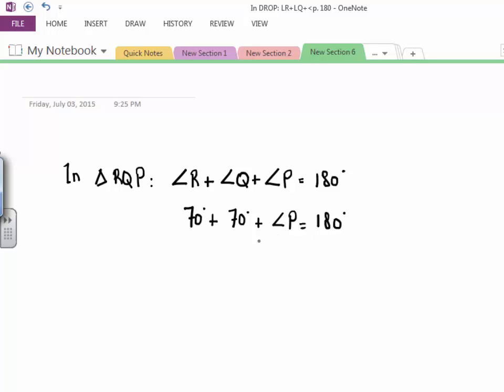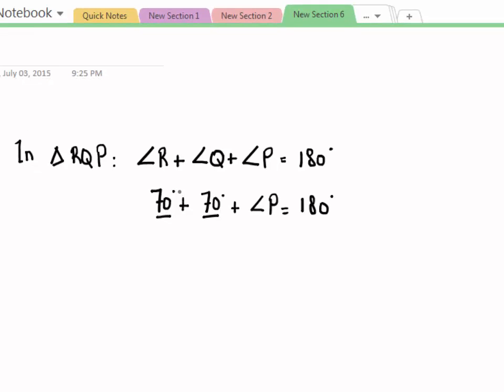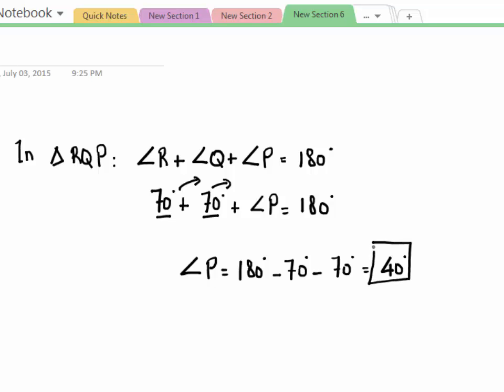Now, to isolate angle P, I need to switch these two angles to the other side. So angle P equals 180 degrees minus 70 minus 70. 70 and 70 is 140. If I subtract the 140 from 180, it gives me 40 degrees, and this is my answer.